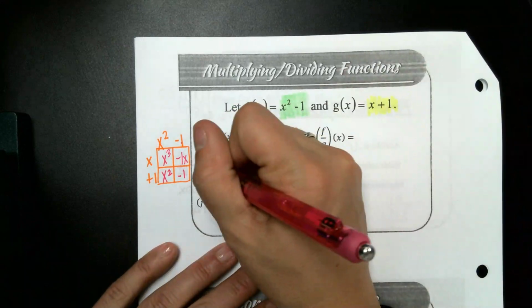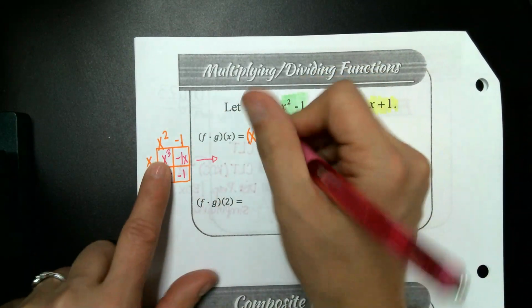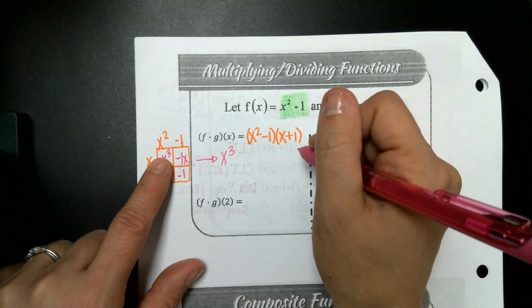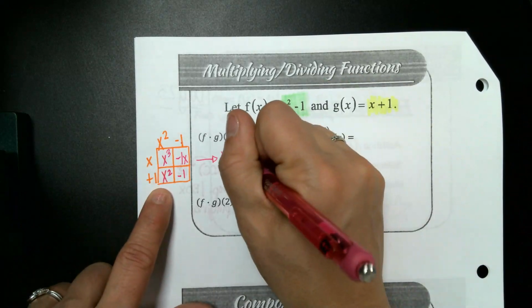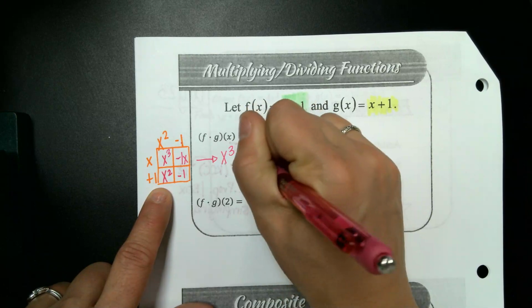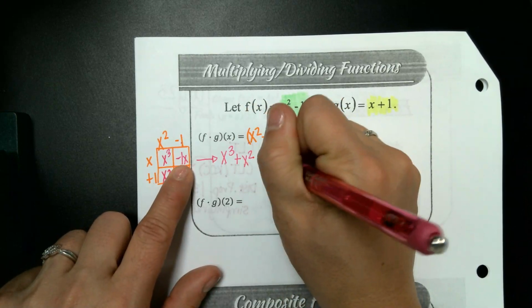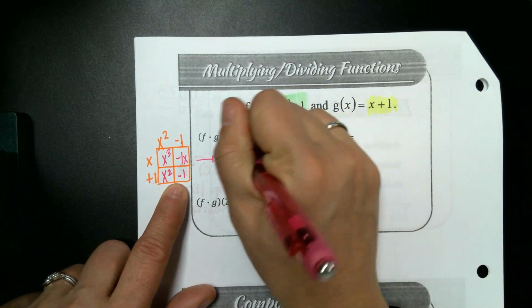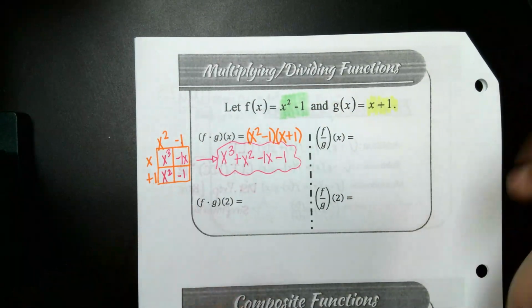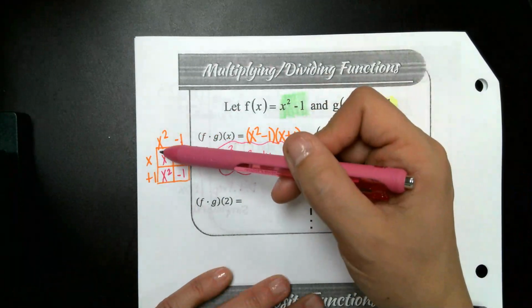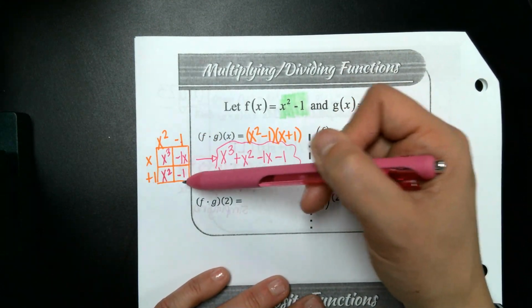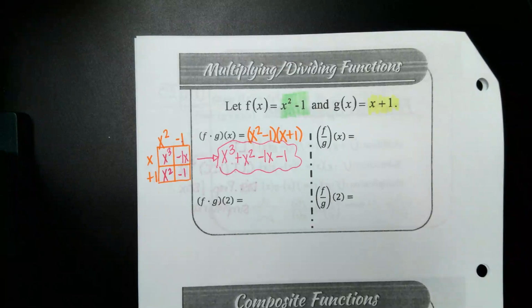Now, this is how I typically do it. I always start with my highest exponent, and then I work my way down. So I put x to the third first, and then I put the plus x squared, and then I put the minus 1x, and then I put the minus 1. Does it necessarily have to go in that order? No. If you guys just did this, like x cubed minus 1x plus x squared minus 1, I mean, technically that's still right.